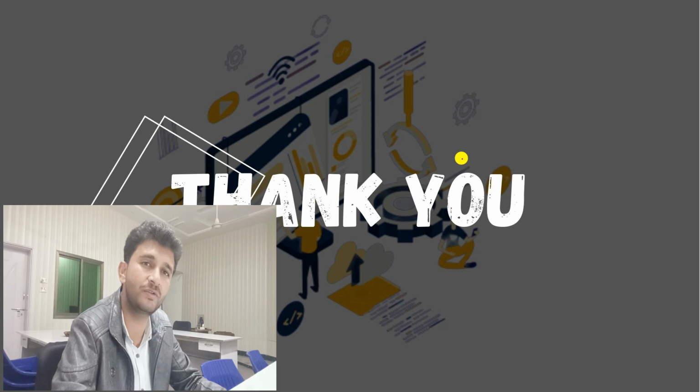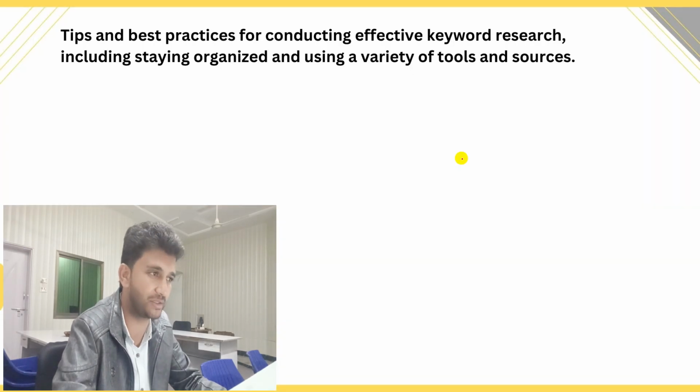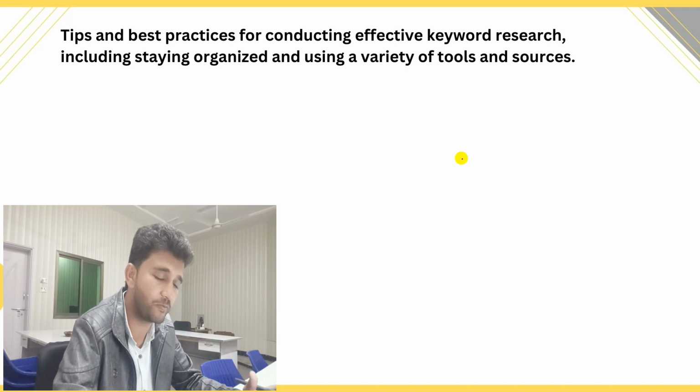And now at the end, we'll talk about some tips and best practices for conducting effective keyword research, including staying organized and using a variety of tools and resources. My first tip for keyword research is to use Google Keyword Planner, because it gives you fresh data. Other tools in the industry like Ahrefs and SEMrush show you data that is 4 or 5 days old at minimum. For example, it's 1st of January 2023.